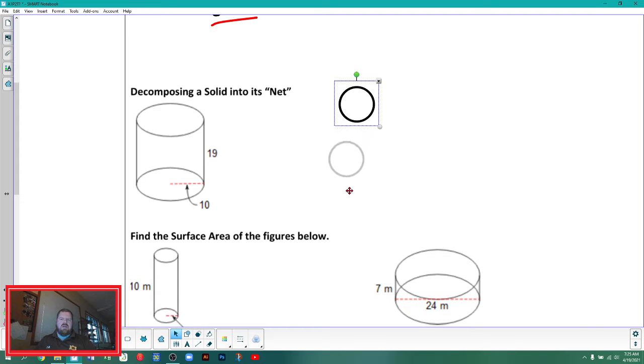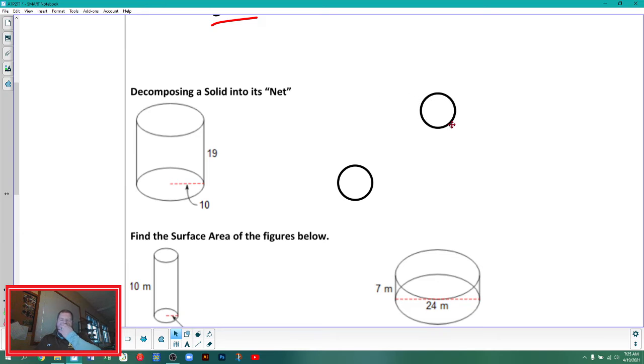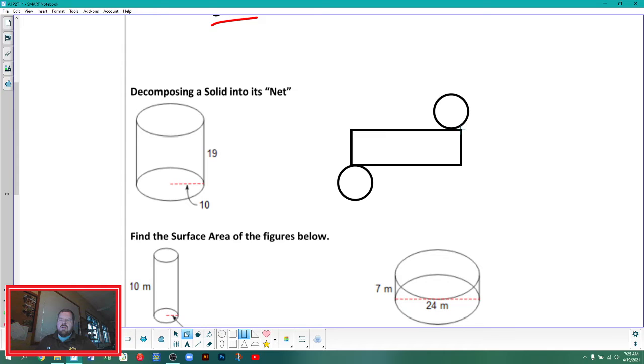I need two of those. And in the middle will be this rectangle.